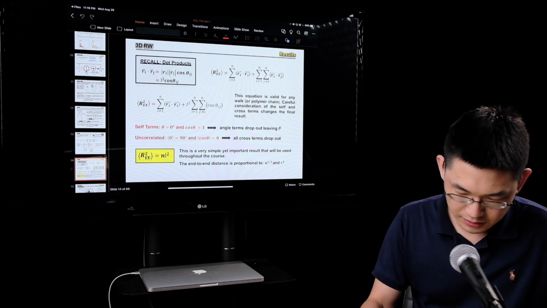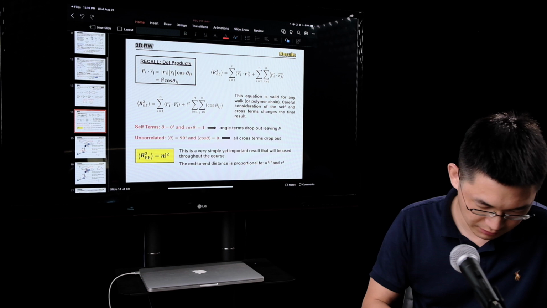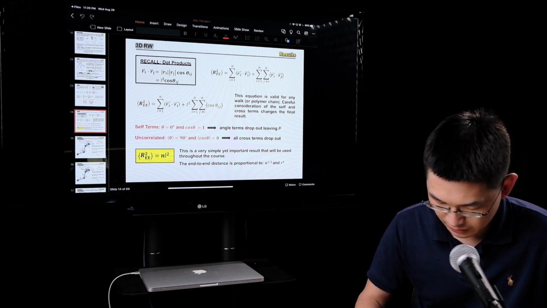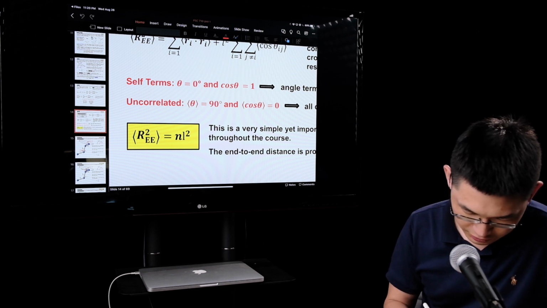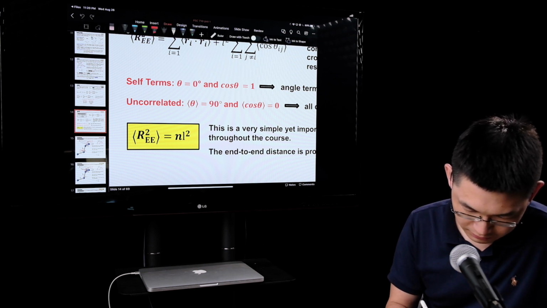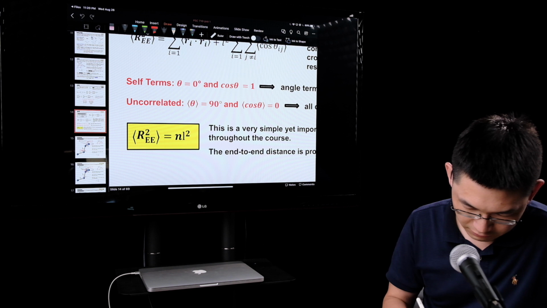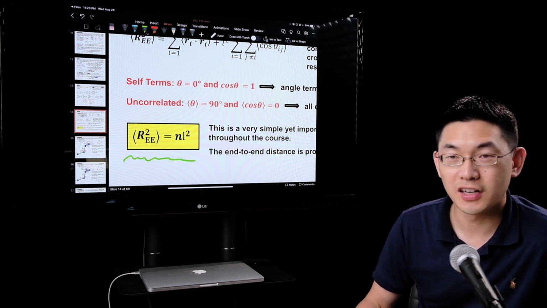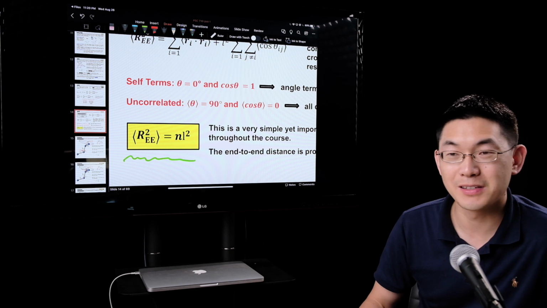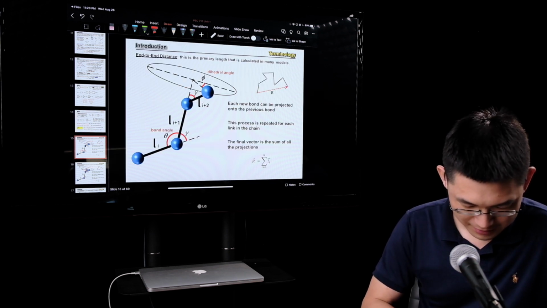We already discussed all the random walk and how the end-to-end distance for ideal chain will end up with NL squared as shown in this particular slide. So if you still have questions, let me know. And you should not have any because this is the most fundamental one.